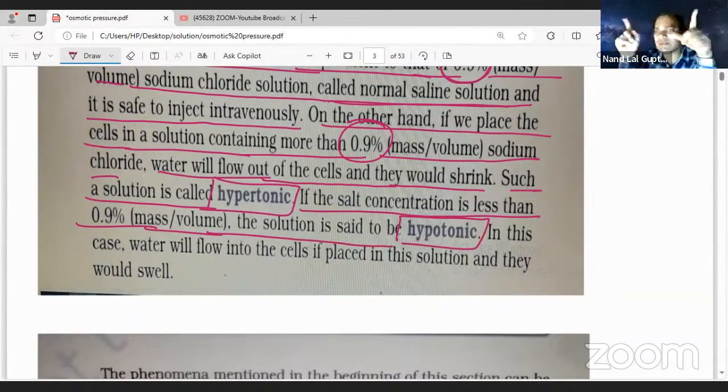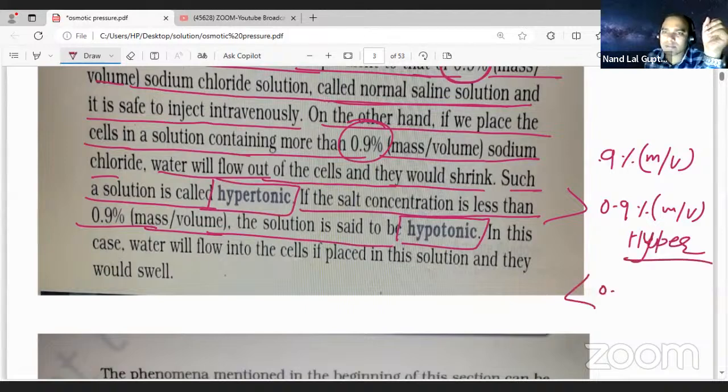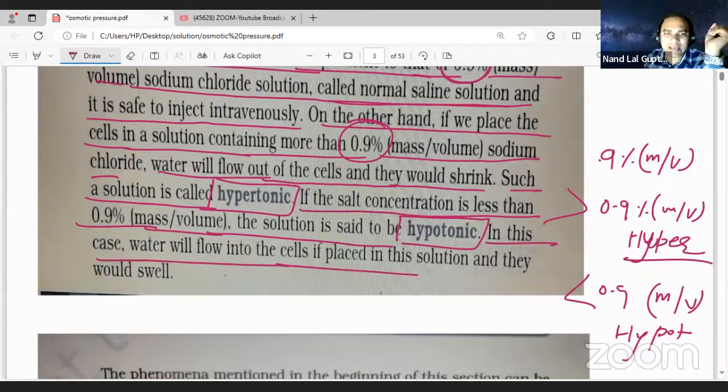So iso means same concentration, 0.9% mass by volume. If it is more than 0.9% m by V, that is called hyper, higher concentration. Less than 0.9 is the hypotonic solution. In this case, water will flow into the cell placed in this solution and they would swell.